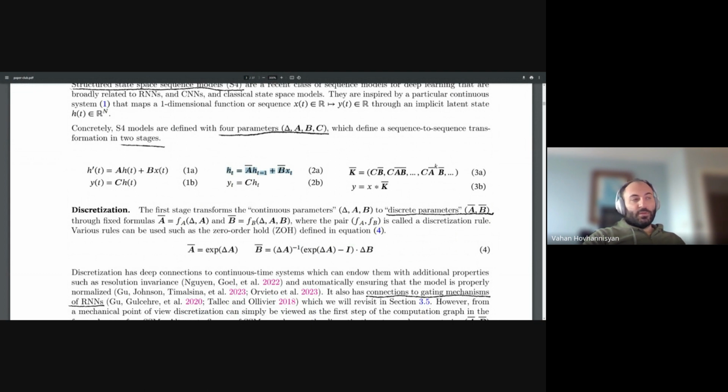The good thing about this formulation is that you can write this formula both as an RNN, but also as a convolution, which will help us with efficient training, but also efficient autoregressive generation.